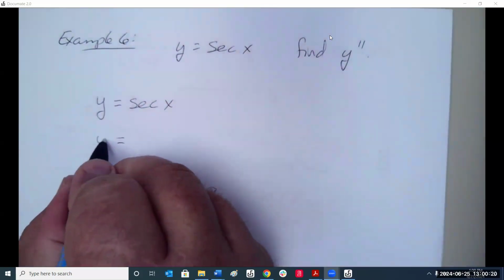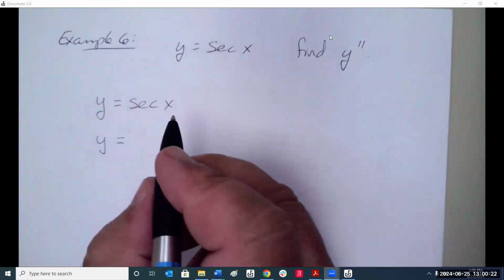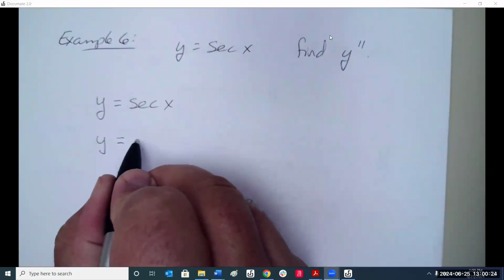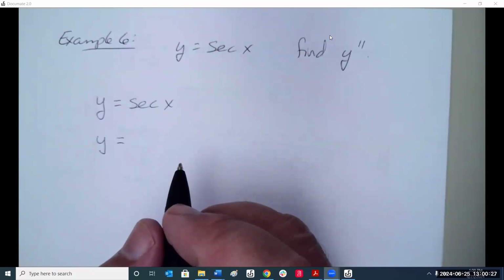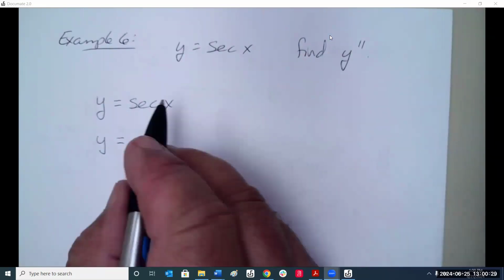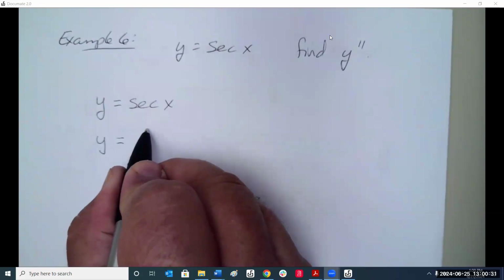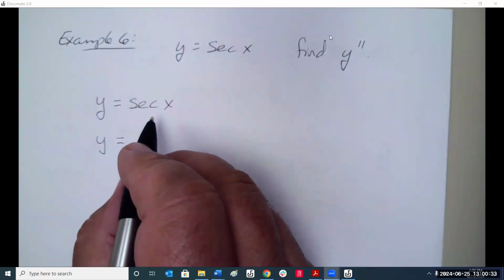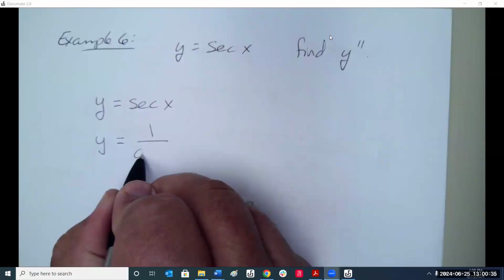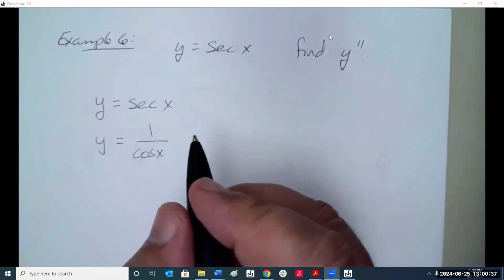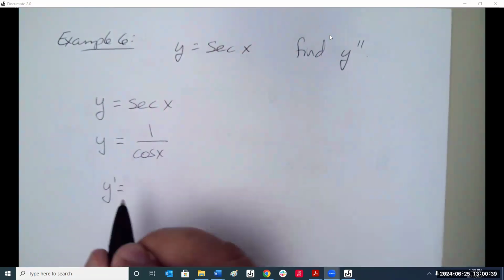First thing we do, how do we put that into sine and cosine? What is secant? 1 over cosine. So we have to find the derivative of that one.